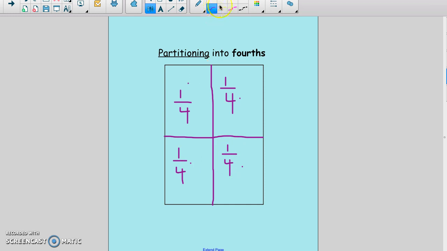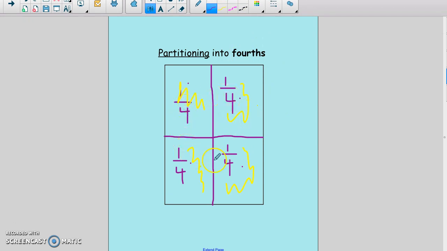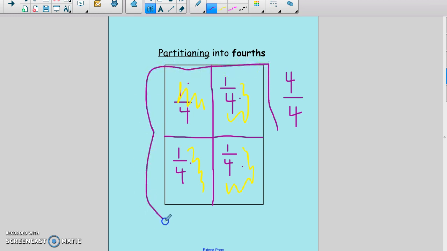Now, each of these fourths are also equal. They all show the same amount of space. And when I add them all together, I get 4/4. 1, 2, 3, 4/4 that make my whole rectangle.